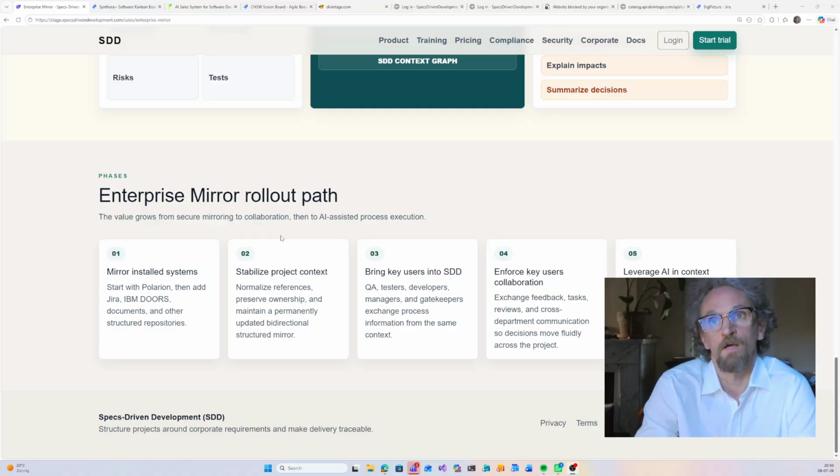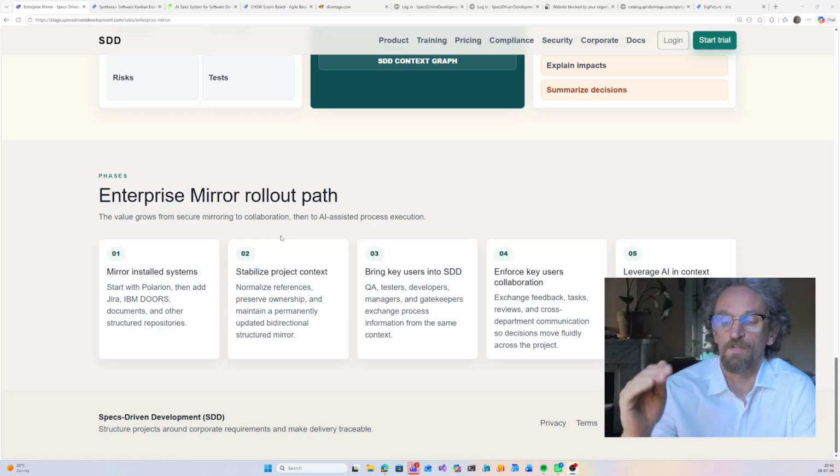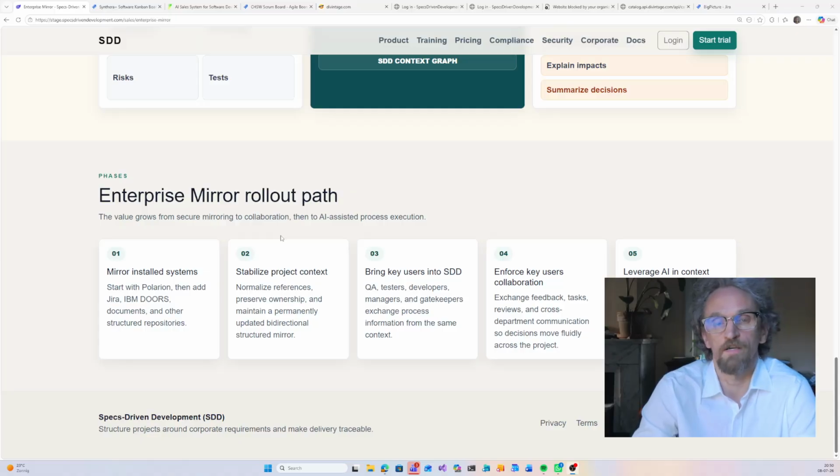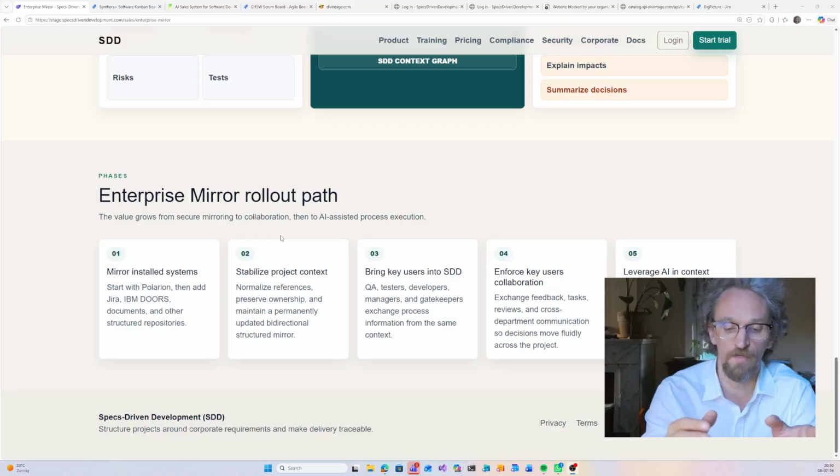You have to have a governance on the process, and whichever level you are involved in, you can take advantage of having this kind of fluent system that manages the flow. And again, the system is specs-driven development.